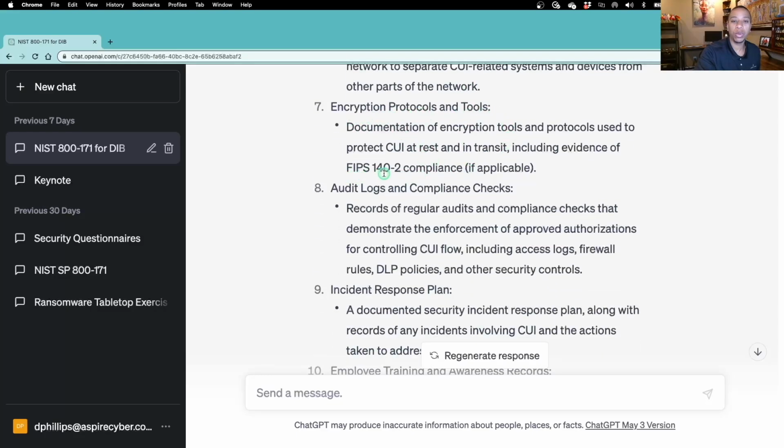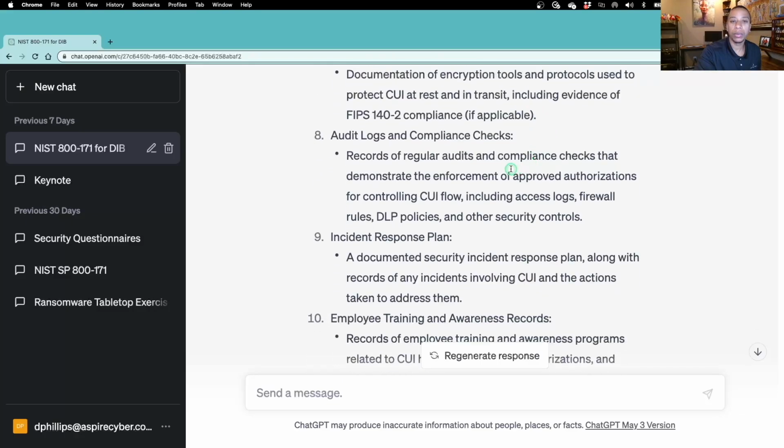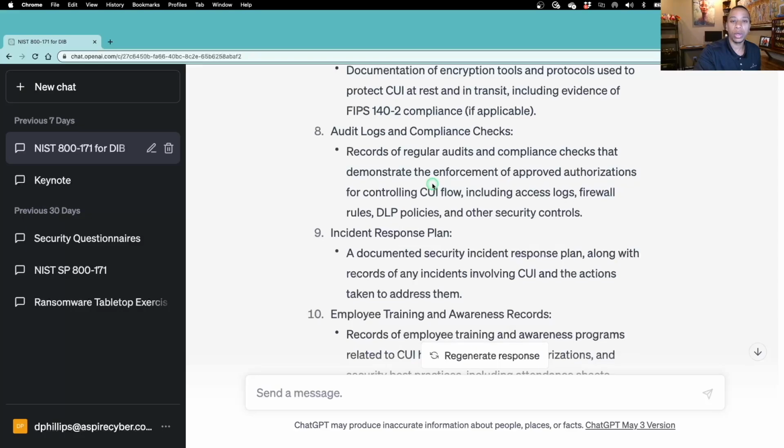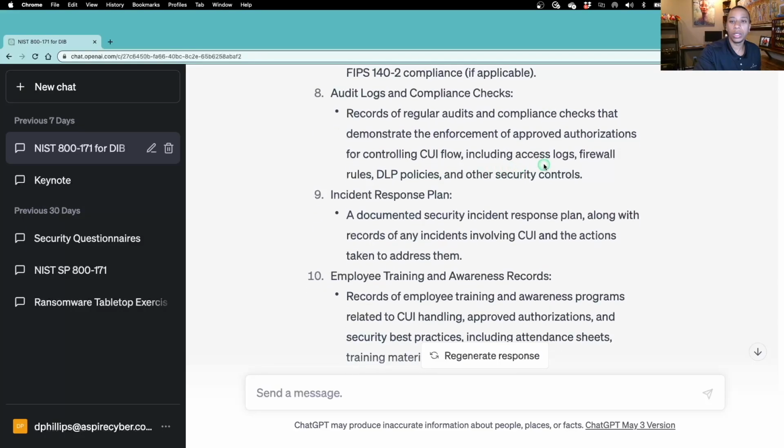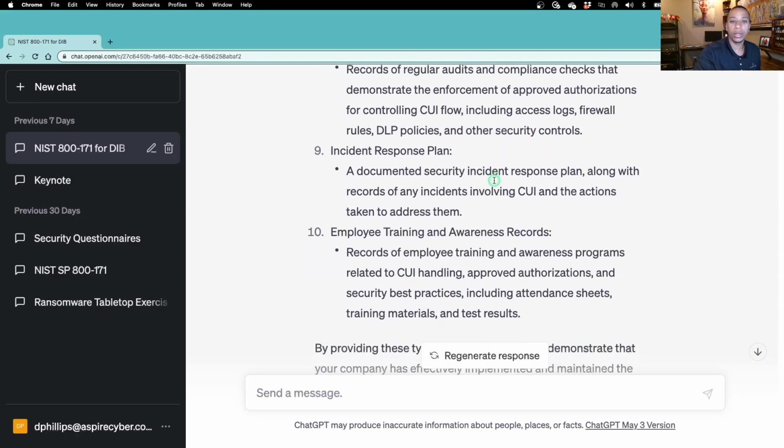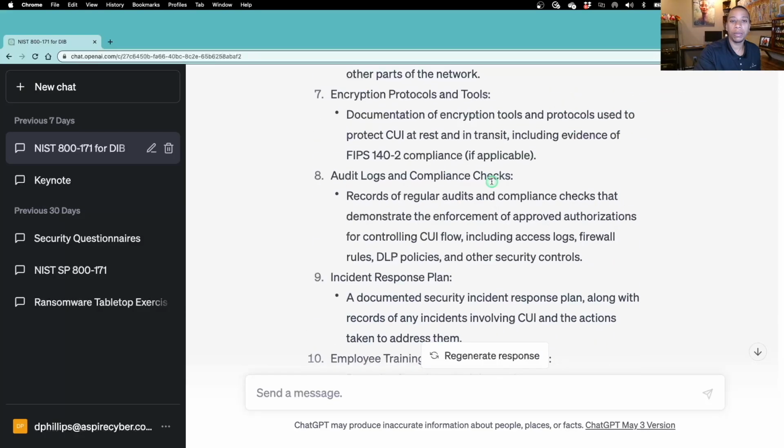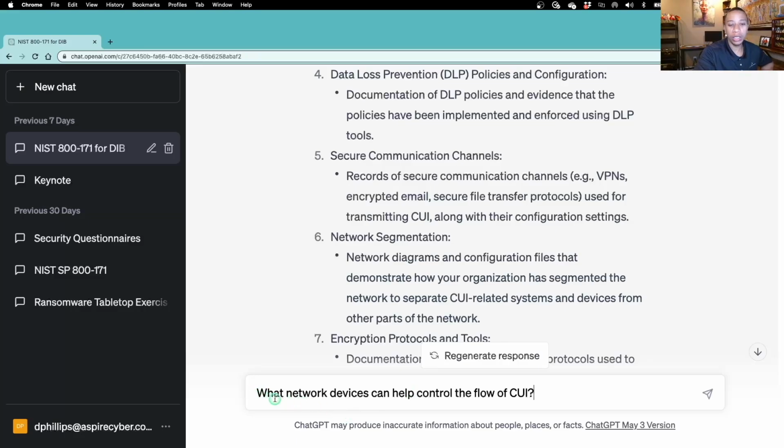Are we using FIPS 140-2 validated cryptographic modules, which is required for encrypting CUI in transit and at rest? What logs are we capturing for audit logs? It should include access logs, firewall rules, DLP policies, etc. Incident response plan, training. Next, I'm going to ask ChatGPT what network devices can help control the flow of CUI.